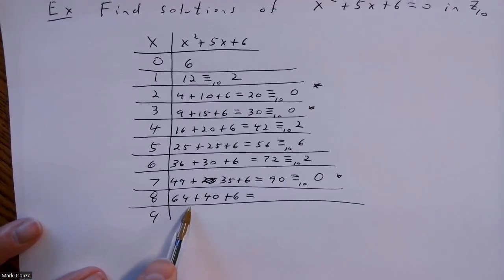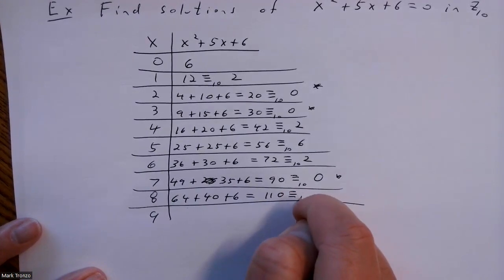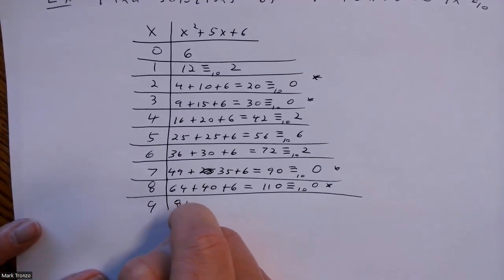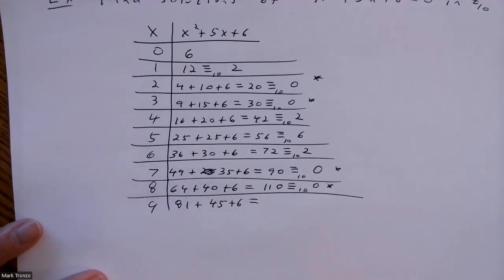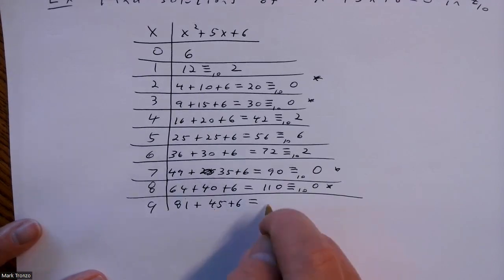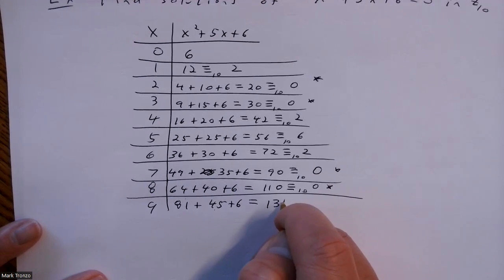Because that's going to be 70, was that 110? That'll work. And then 81 plus 45 plus 6. Doesn't look like that's going to end with a 0. So it'll be like 51, and looks like 131, something like that. Am I doing that right? Sorry, 132, huh?